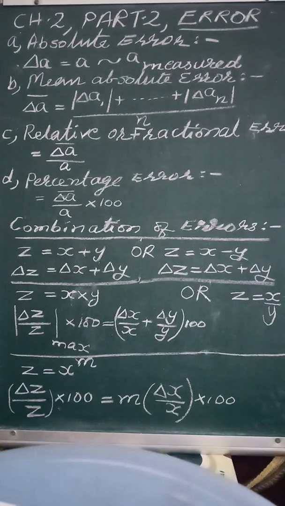Children, follow the rules to find out the significant figures. The rules are like this. All the non-zero digits are significant. All the zeros between two non-zero digits are significant.